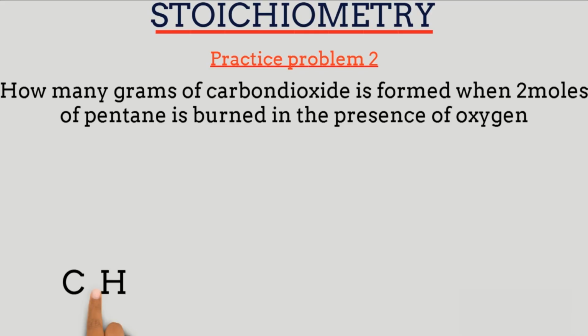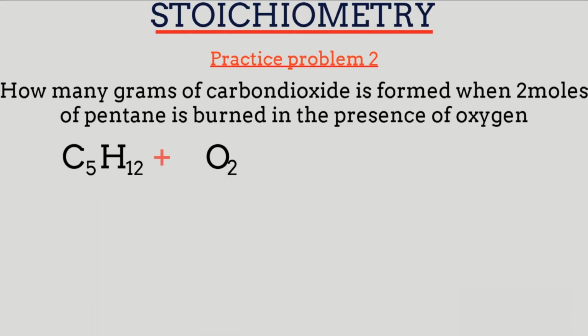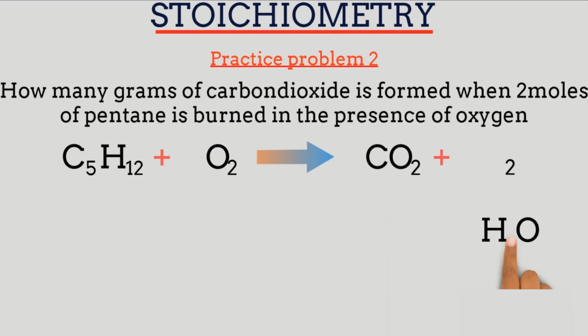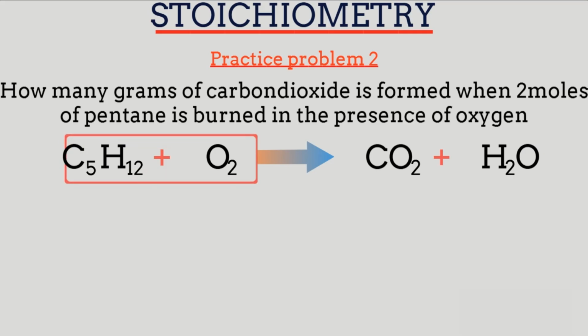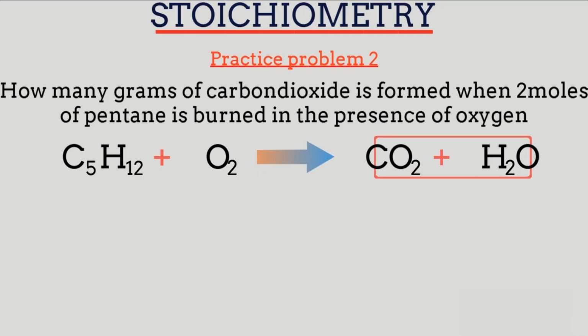We have pentane C5H12 reacting with oxygen molecule O2 to produce carbon dioxide CO2 and water H2O. Balancing the reaction, we have 5 carbon atoms on the reactant side. We also need to have 5 carbon atoms on the product side. So we add 5 to CO2. We have 12 hydrogen atoms on the reactant side. We also need to have 12 hydrogen atoms on the product side.